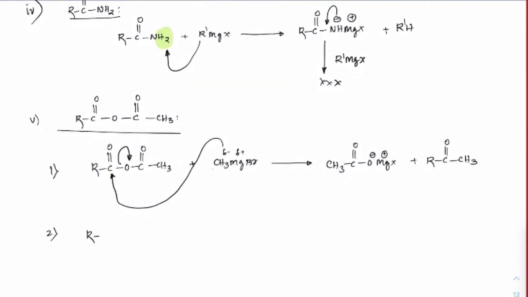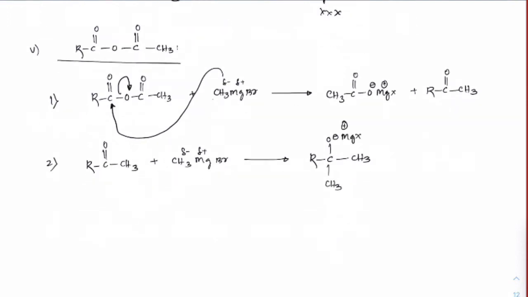Step 2, again with the ketone, 1 more mole of Grignard's reagent CH3 MgBr will react, delta minus, delta plus, so we'll get this as R C O minus CH3 MgX plus.